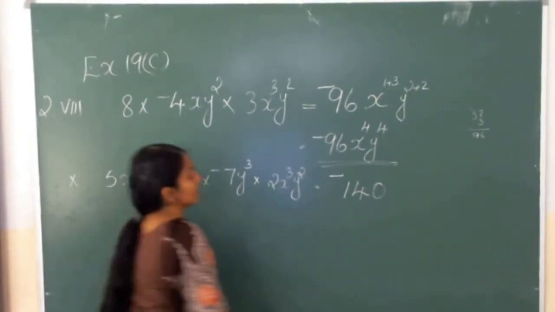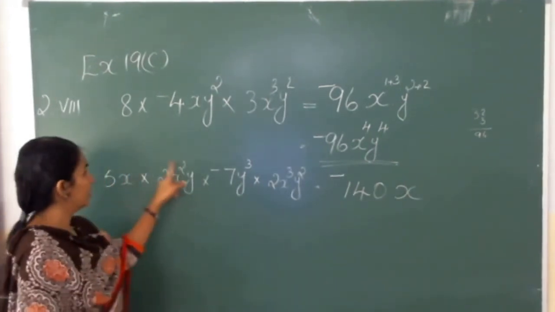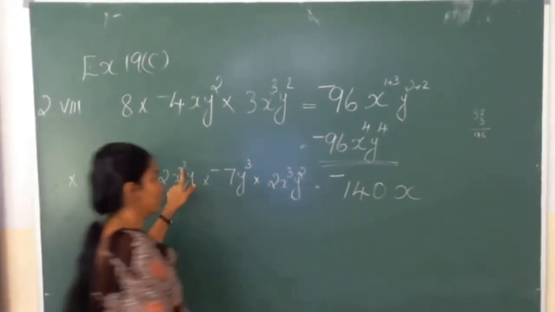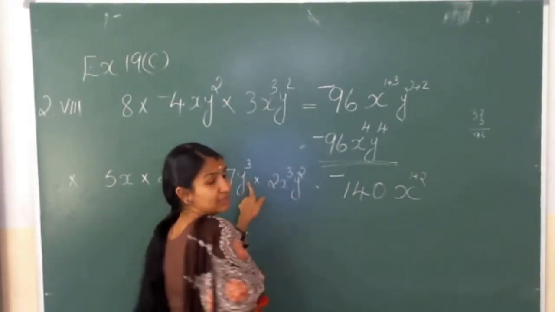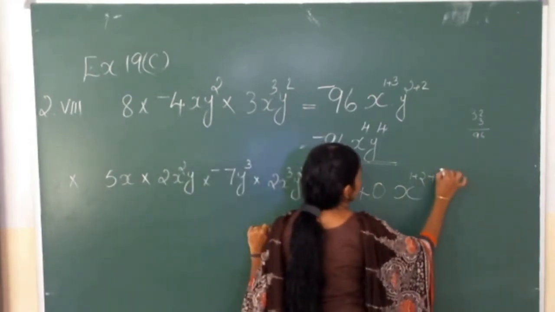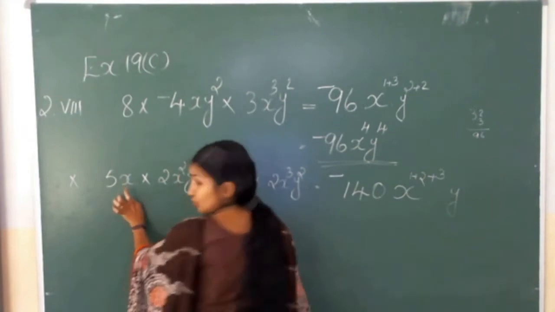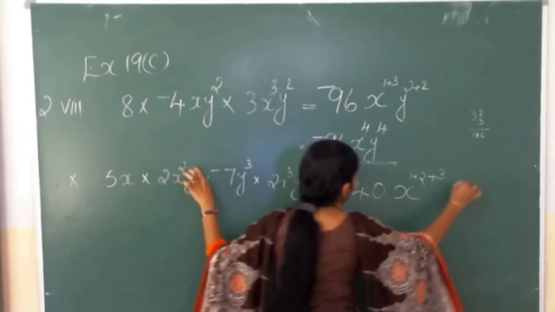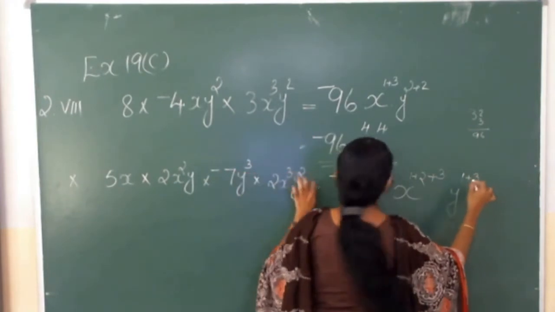Now just move towards the x. Here 1, here 2. 1 plus 2. Then here there is no x term, and here 3 plus 3. And then for y, here there is no y term, here only 1, here 3 and here 2.